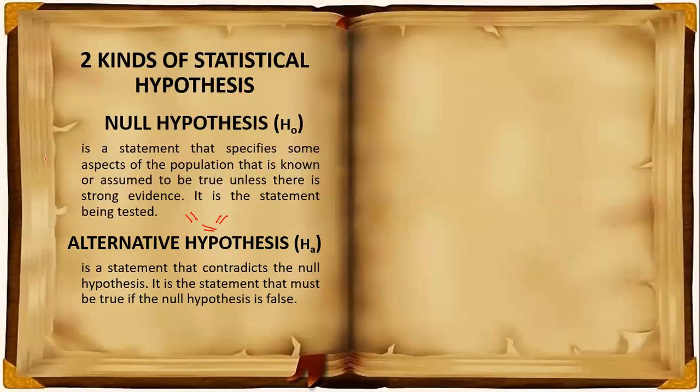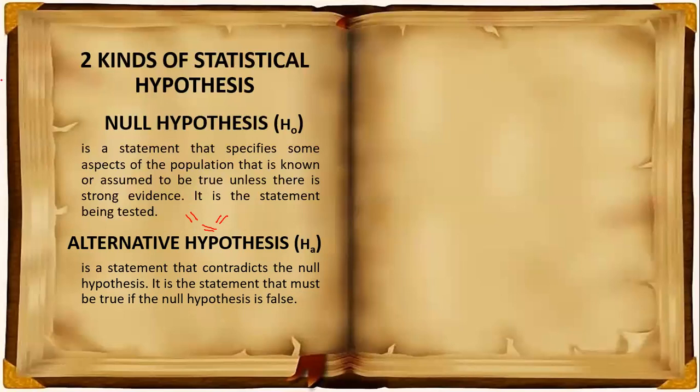So meaning, class, if your null hypothesis is true, the alternative hypothesis must be false. If your null hypothesis is false, the alternative hypothesis must be true. So it contradicts every decision.